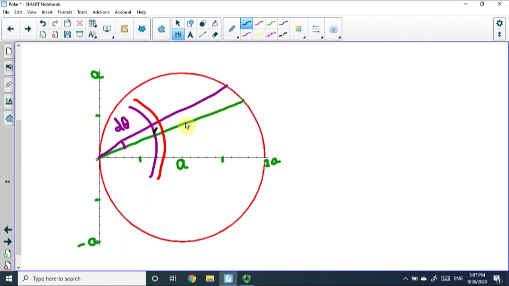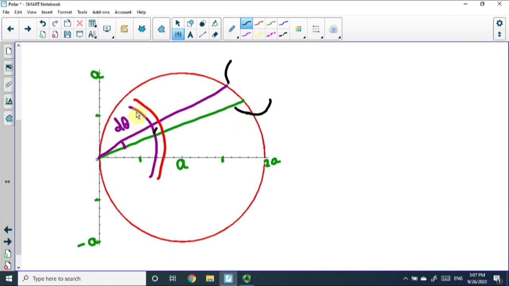Notice that this small area is enclosed by 4 curves. 2 of them are theta is constant. So this one has the equation theta equals theta 1. This one has a theta that's slightly more than the previous one.